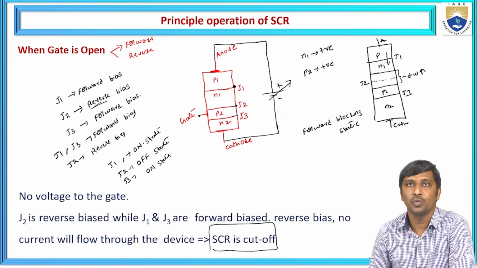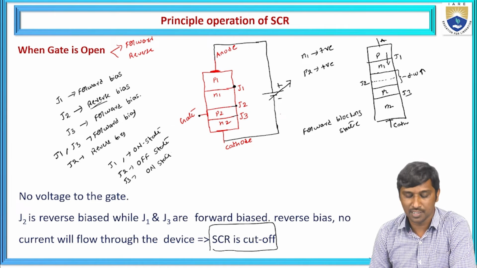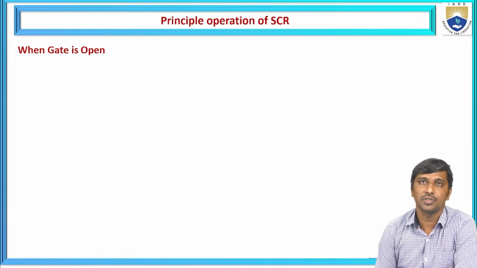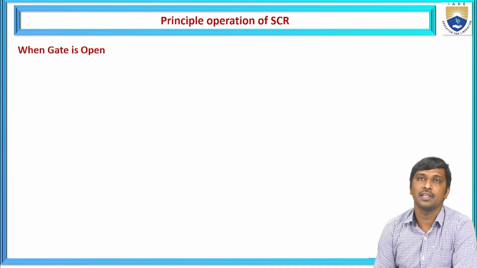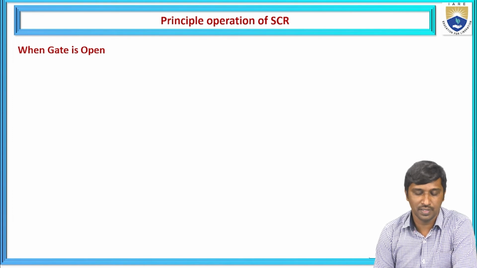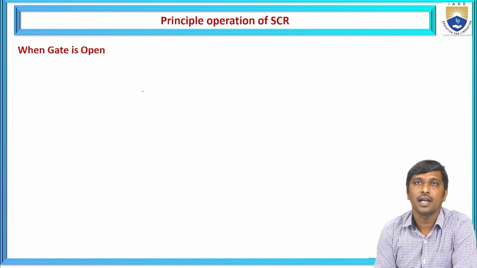Similarly, we will observe what happens when the gate is open and we apply a reverse bias voltage. In the previous case, we observed the gate open with forward biasing voltage. Now we apply reverse voltage.